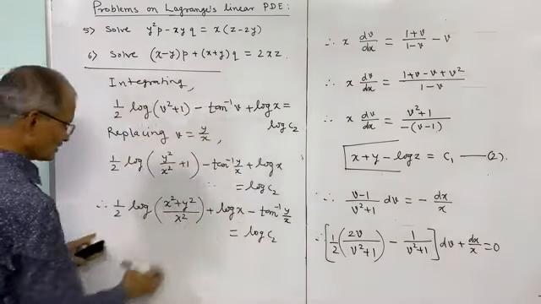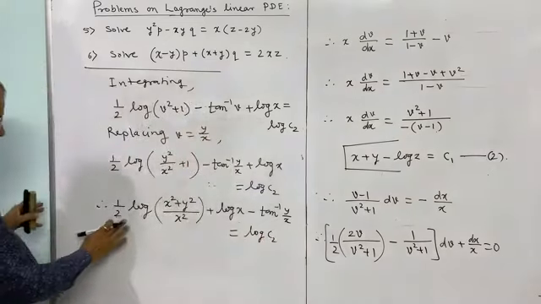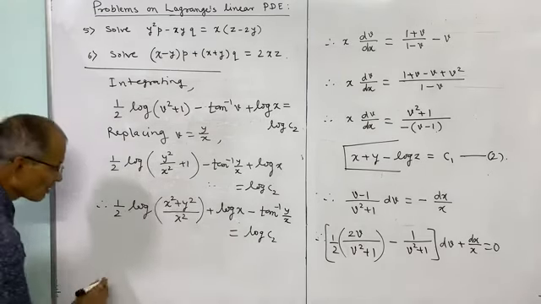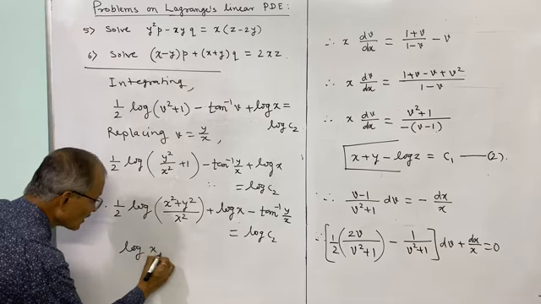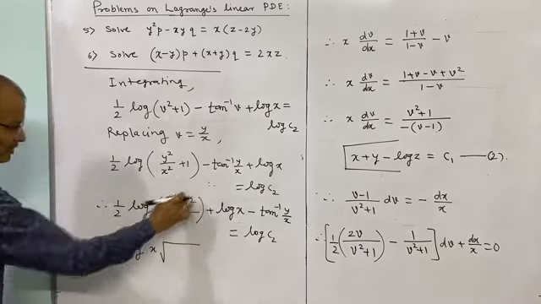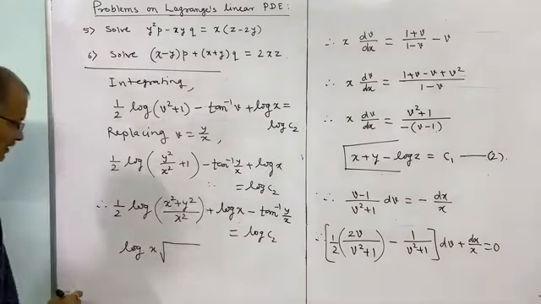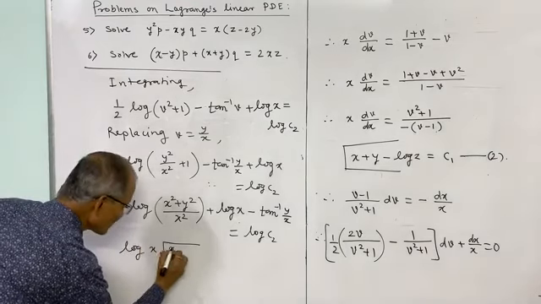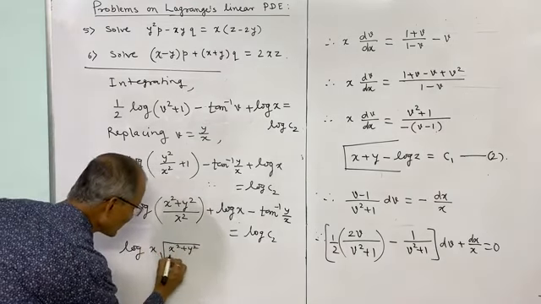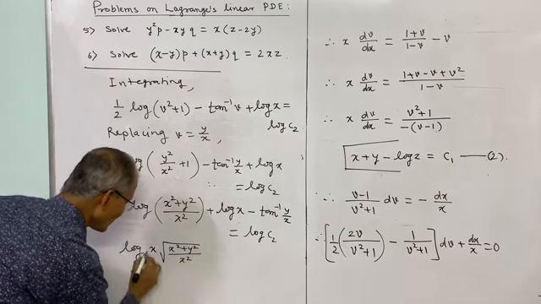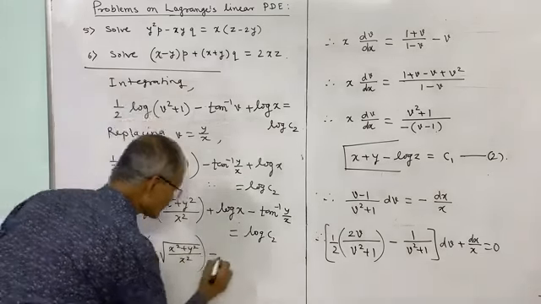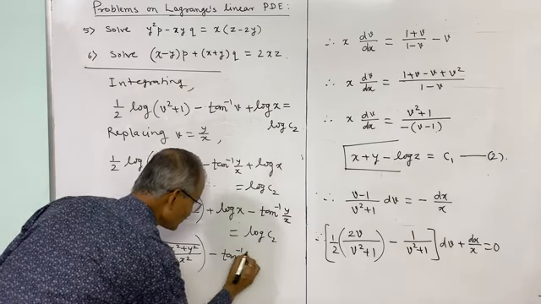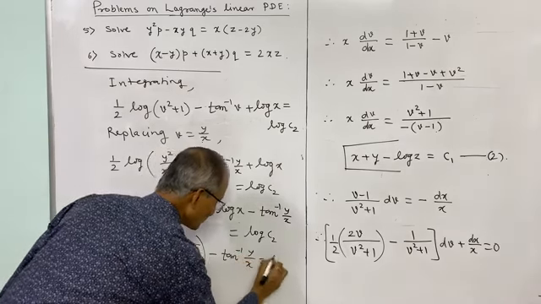Finally, this is the product of these two, and this half is to be taken here. So log of x into under root of (x square plus y square divided by x square) minus tan inverse of y upon x is equal to log c2.